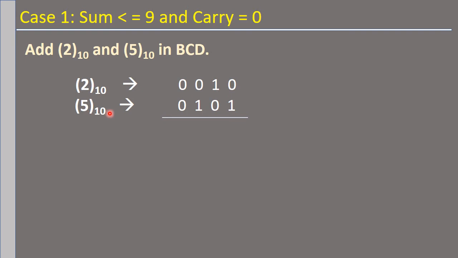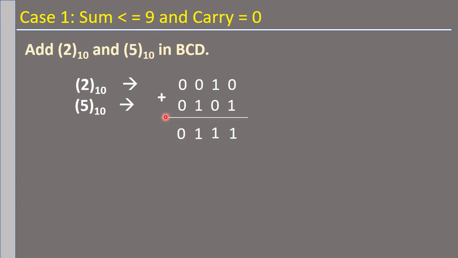Similarly, 5 is represented as 0101 in BCD form. Let's perform the addition. 0 plus 1 is equal to 1. 1 plus 0 is equal to 1. 0 plus 1 is equal to 1. 0 plus 0 is equal to 0. And there is no carry generated.